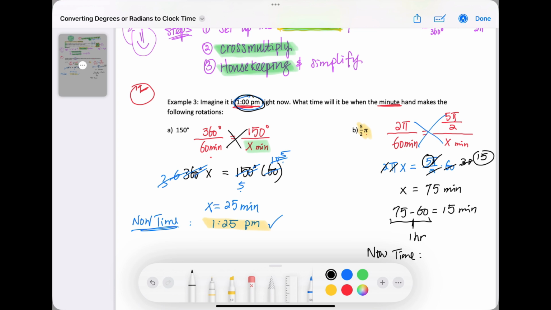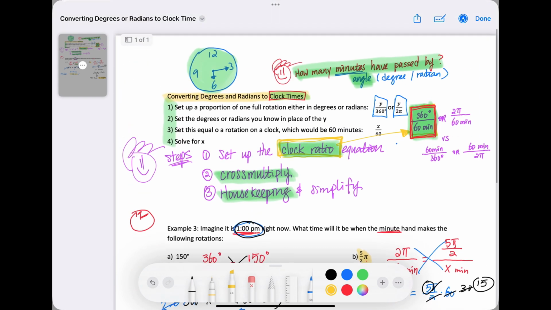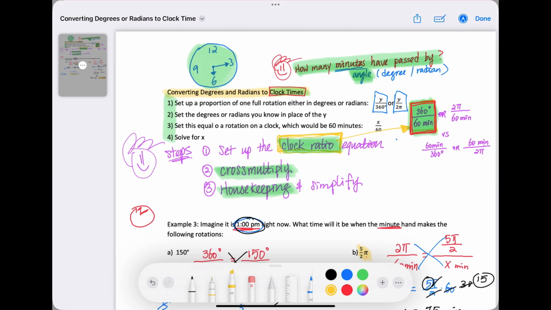So after 1 hour and 15 minutes, now the time is 2:15. And yes, indeed, it is still PM. Good. So the cool thing about the knowledge of the unit circle is, hey, I use math everywhere.